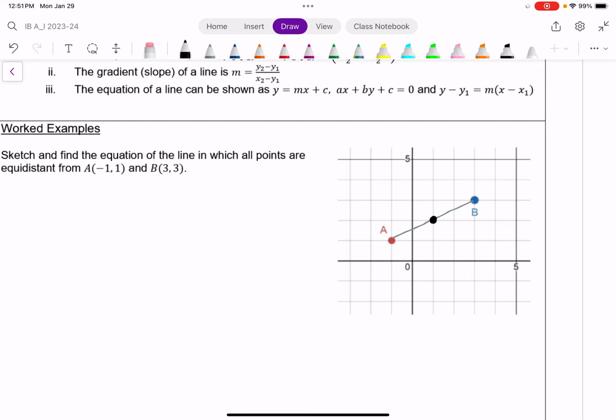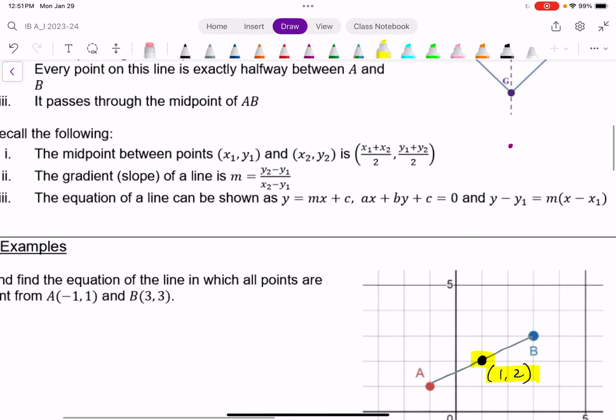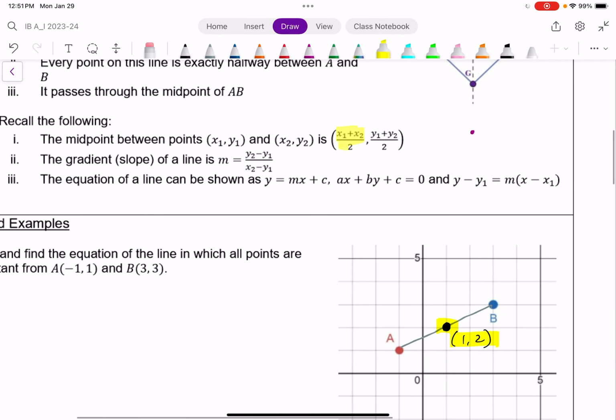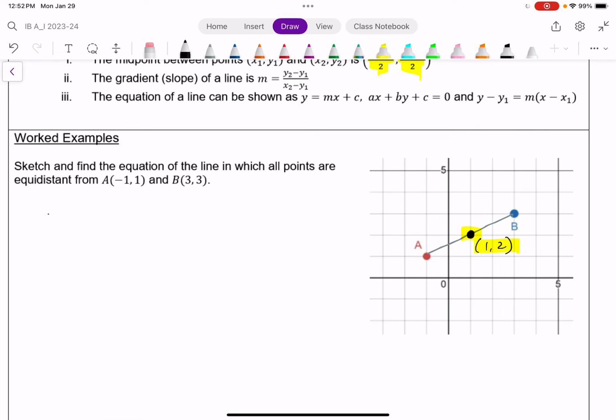So that midpoint, which I can just see by looking at this graph, is at (1, 2). Now keep in mind, if I can't just see it or if the numbers aren't so pleasant, don't forget the midpoint is a very easy calculation. It's just the average of your x coordinates and the average of your y coordinates. So I'll write that down right here as well.